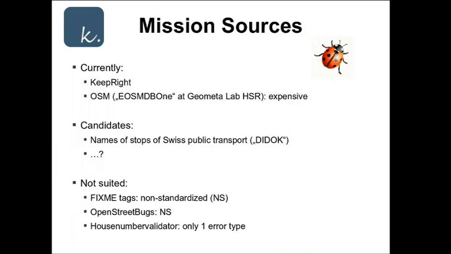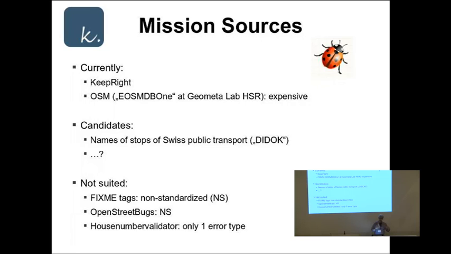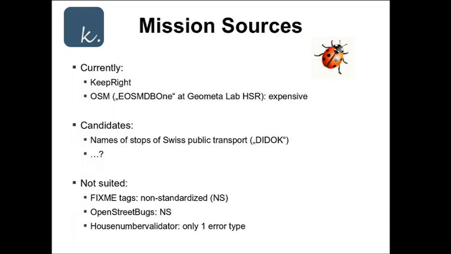Currently, there are 2 sources: KeepRight, which can be accessed separately, of course, as a web application on its own to see errors, and then there is an OpenStreetMap database extract, which has an hourly update in my institute. I called it Extended OpenStreetMap Database 1, EOSM DB1. And that's rather expensive. It's SQL behind, which you have to program.